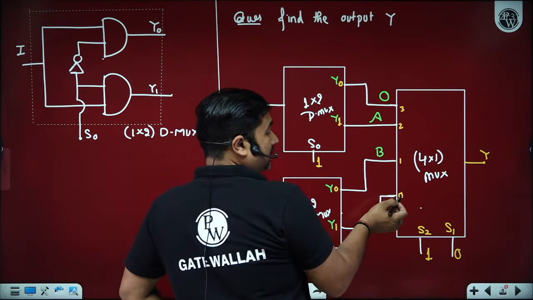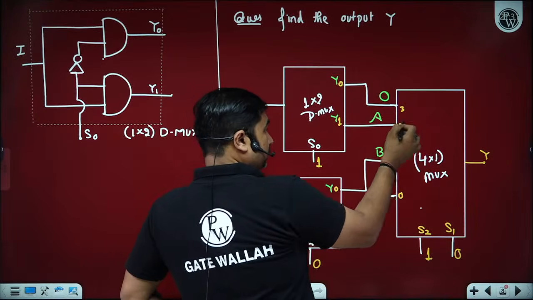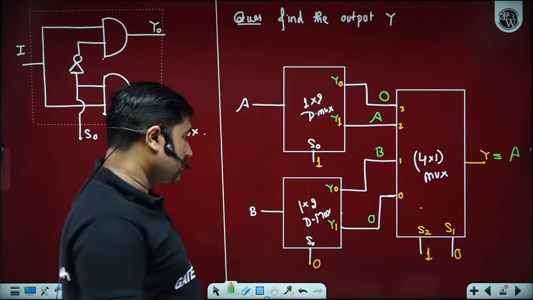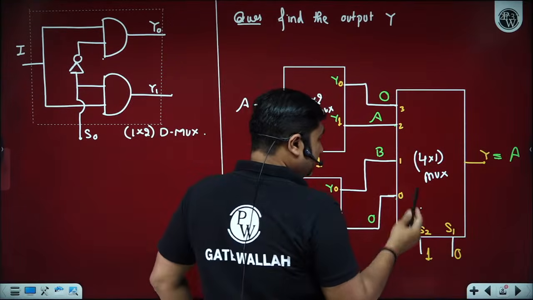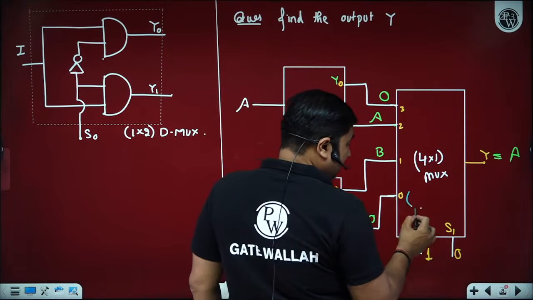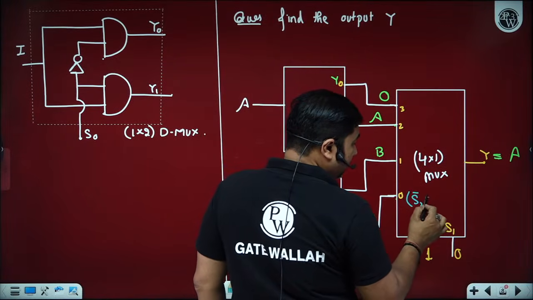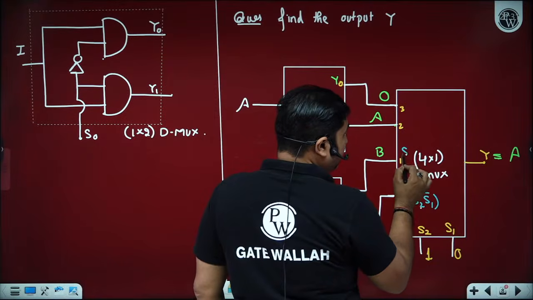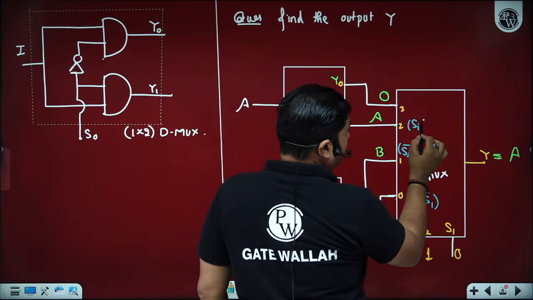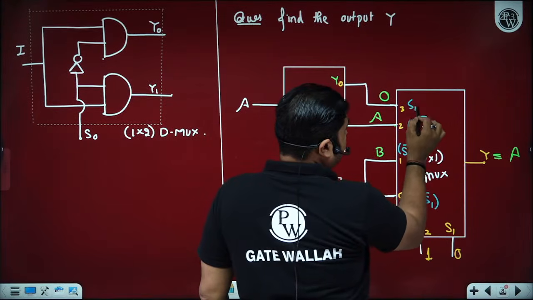So if you observe 0 1 2, Y is equal to A in this circuit. Why? Because of the select line action, we will get S2 bar S1 bar, S2 bar S1, S1 S2 bar and S1 S2.